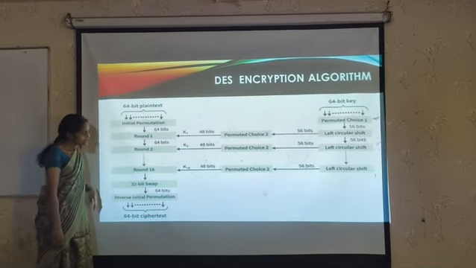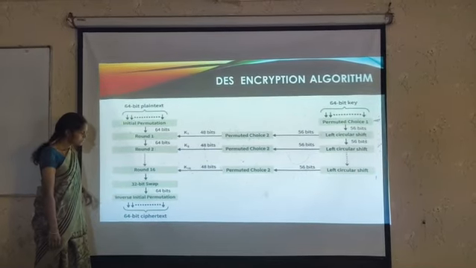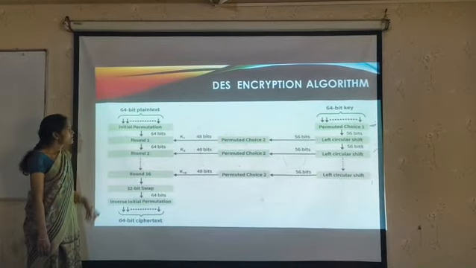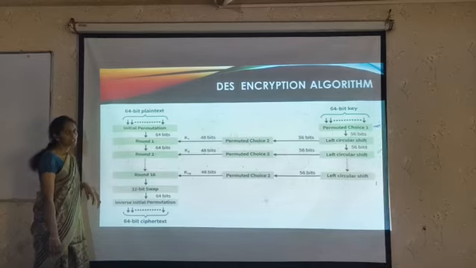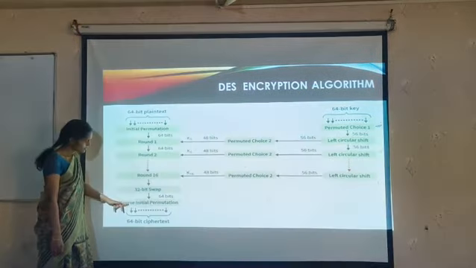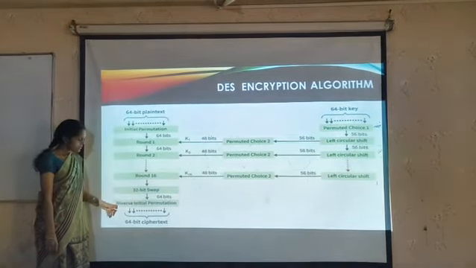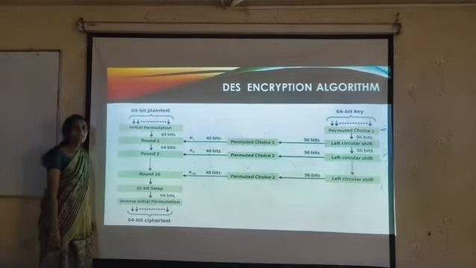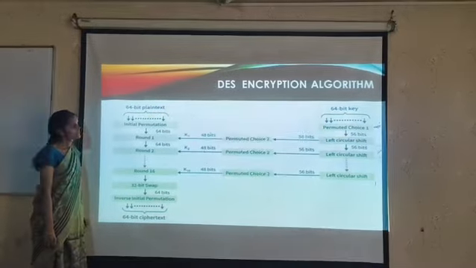That will give again 64 bits that will be given to inverse initial permutation. As we have performed initial permutation, so we have to perform inverse initial permutation, which will generate 64-bit cipher text.